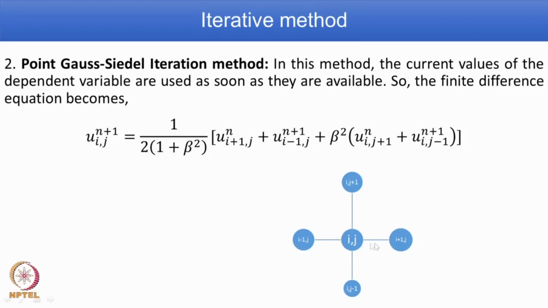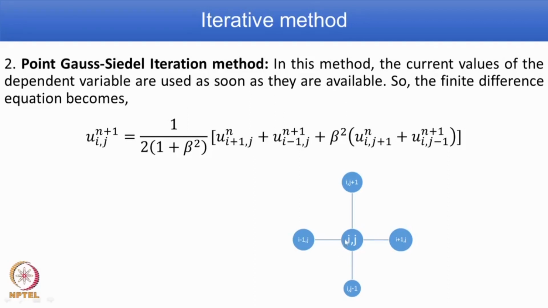So, in the computational molecule, i comma j is the point of interest, u i minus 1 is on the left side and u i j minus 1 is at the bottom. Values at these two nodes are known from the just completed iteration procedure. So, they can be used immediately because they are available.